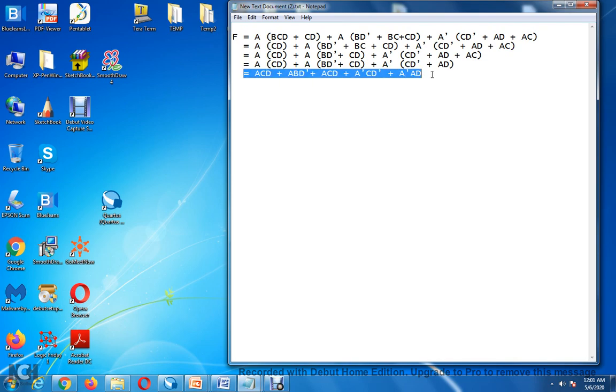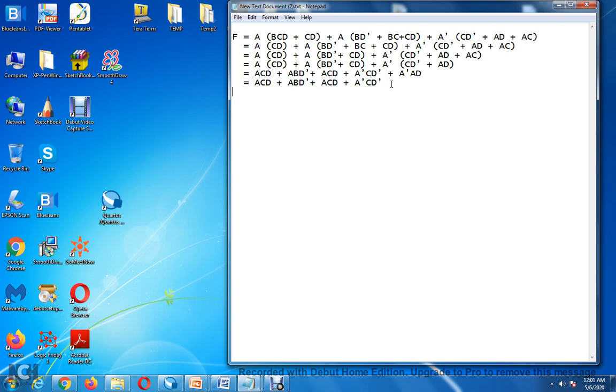Control C, Control V. We said we're going to get rid of this, right? Now what? Well, I see I have ACD, ACD, and I really don't need it.